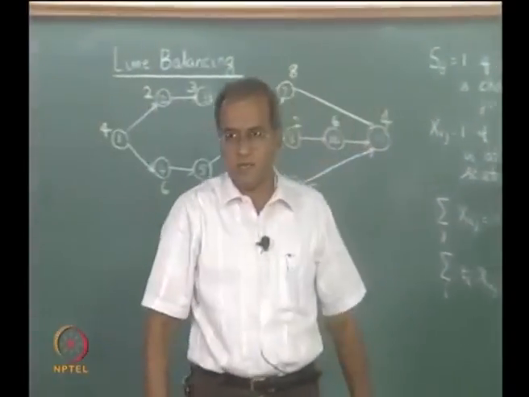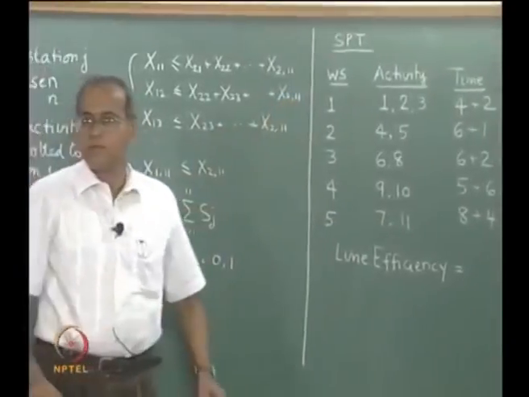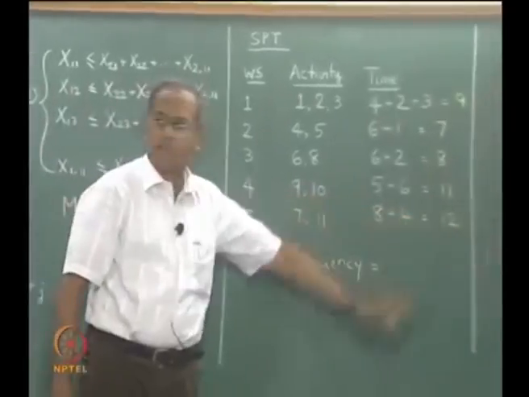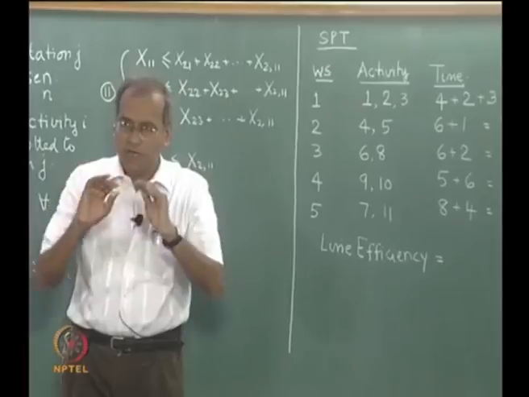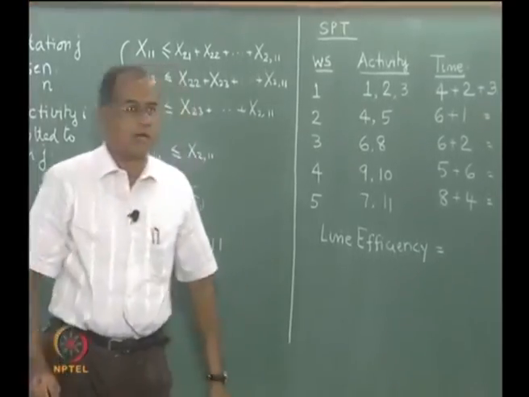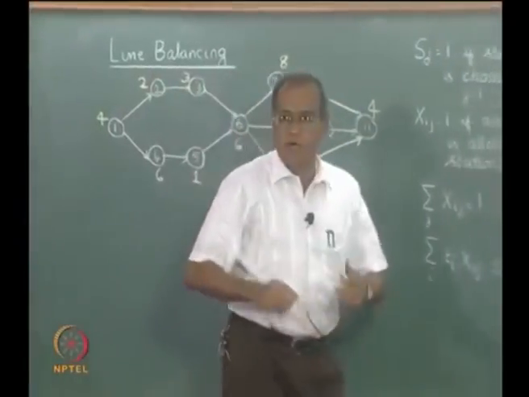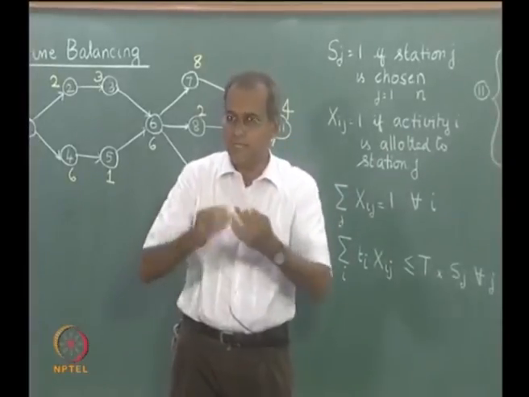Line efficiency is, we now have 5 lines with a cycle time of 12 and the maximum is also 12. So 5 lines with 12 cycle time is about 60 time units, and the total of these 47 time units are now made in 5 stations, each with 12 in 60.